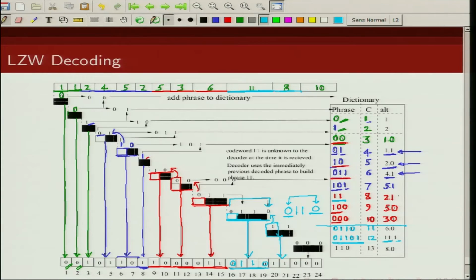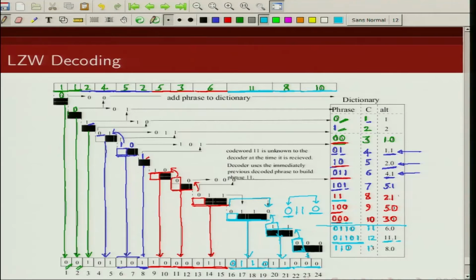And finally this 10 is nothing but 0 0 0. So 10 is decoded as 0 0 0, and here the innovation symbol is 0, so you add this here. So the next entry in the dictionary would be 1 1 0, because the old phrase is 1 1 and this innovation symbol is 0.